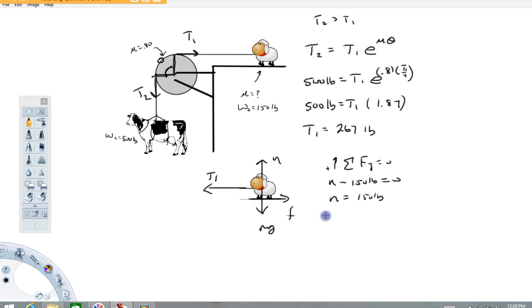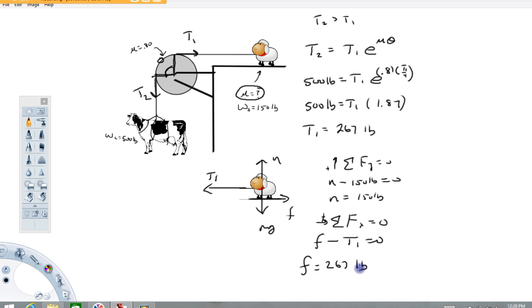Second equation: I want to calculate the required coefficient of friction for this system to stay static. I realize most people watching this realize it's very improbable that this is going to be static, but I'm still going to be optimistic for the sheep and the cow. Sum of all forces in the x direction equals 0. I'm going to do right positive, so we have the frictional force minus tension 1 equals 0. So the frictional force is going to equal tension 1, 267 pounds.